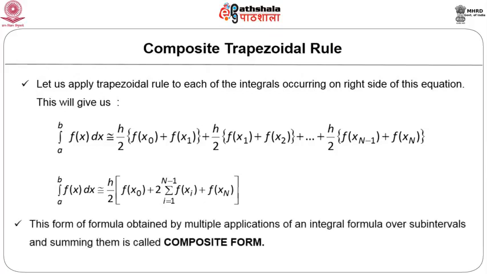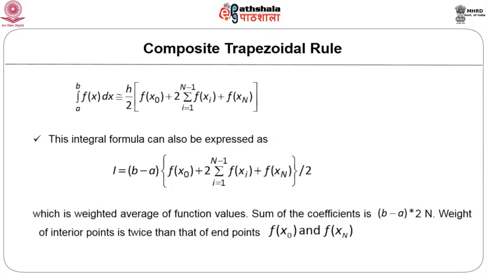This form of the formula, obtained by multiple application of the trapezoidal rule on each of the sub intervals and adding these values, is called the composite form of the trapezoidal rule. Let us review this composite form. This h we can write as (b minus a) by n also.